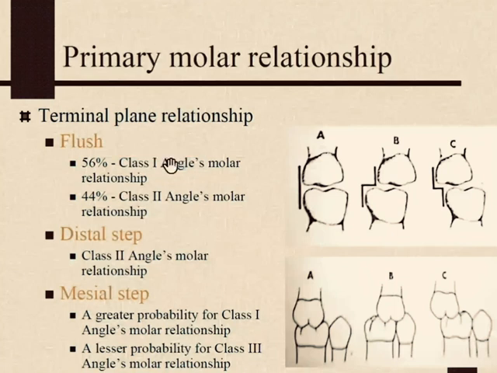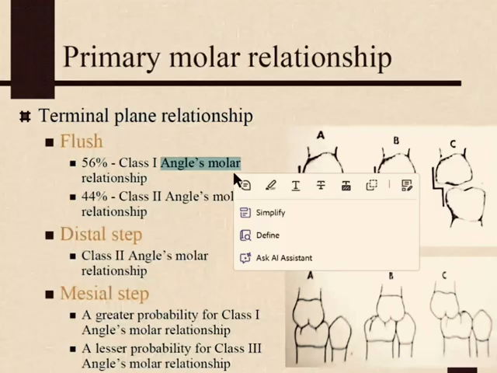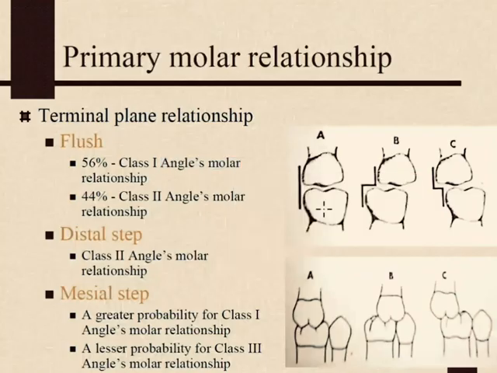If we have a flush relationship in the deciduous dentition, we will have mostly either class 1 or 44% class 2 relationship in the permanent. A mesial step in the primary dentition will most probably cause a class 1 relationship in the permanent dentition.